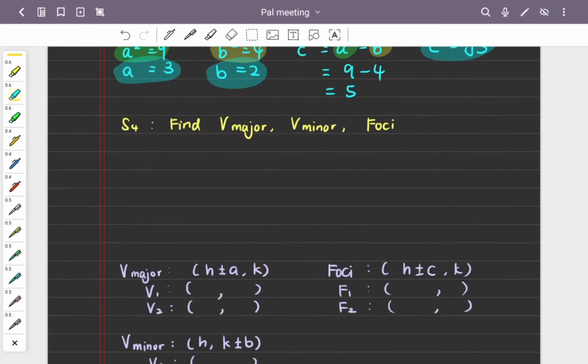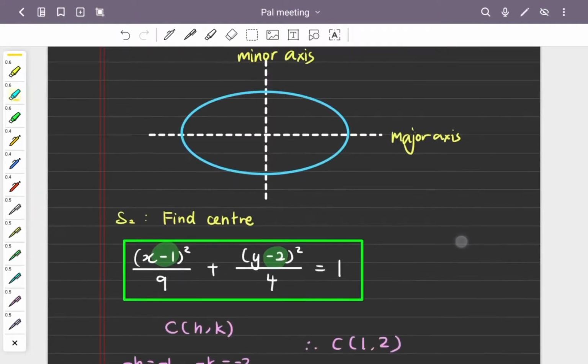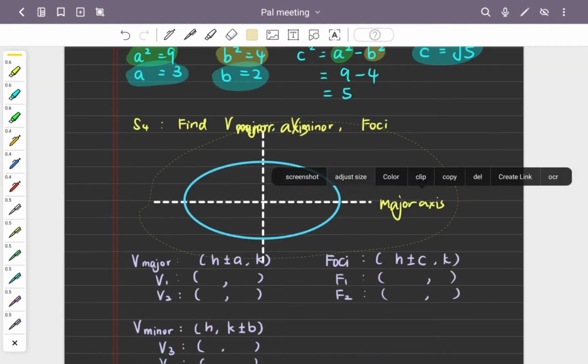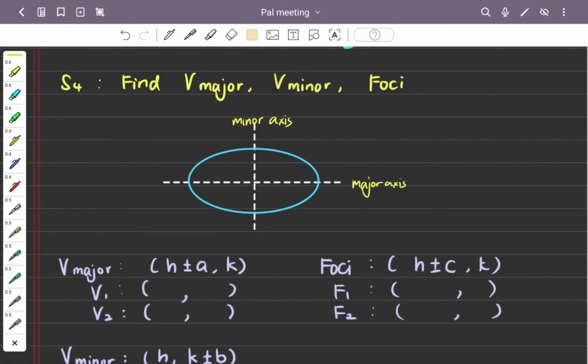Okay, now we need to find the vertices, the major vertices, minor vertices, and also foci. Major vertices will always lie on the major axis. I changed the color. This one will be our major vertices, we label as V1, V2.